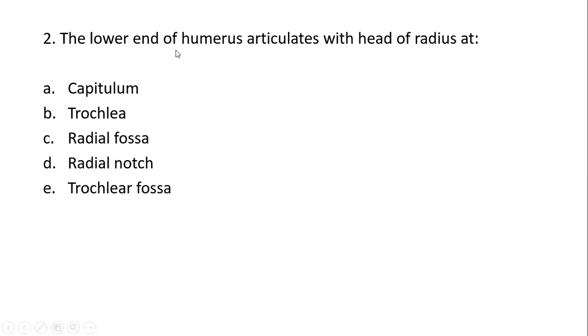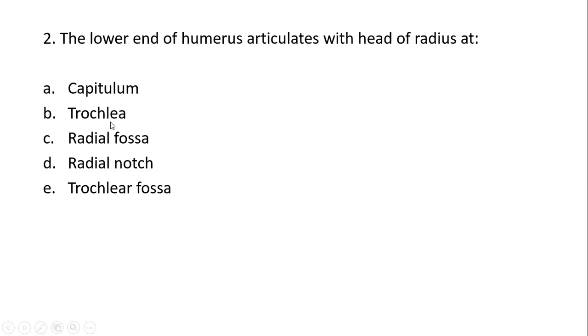So the lower end of the humerus inferiorly has capitulum, which is the lateral rounded prominence, located just next to the lateral epicondyle. And we know from our knowledge of the elbow joint that capitulum of the humerus articulates with the concave radial head.